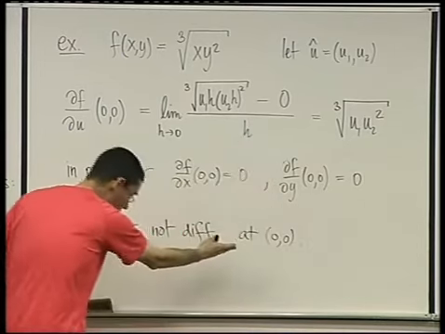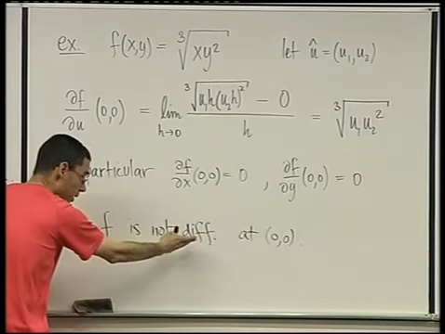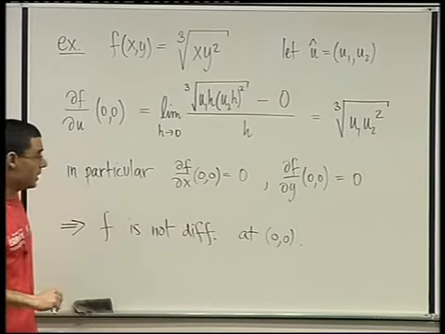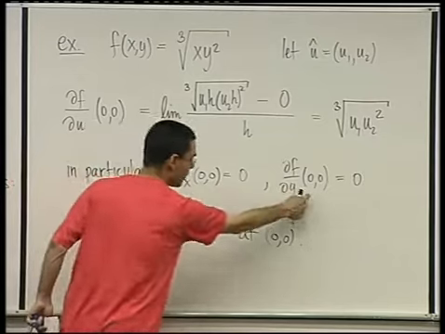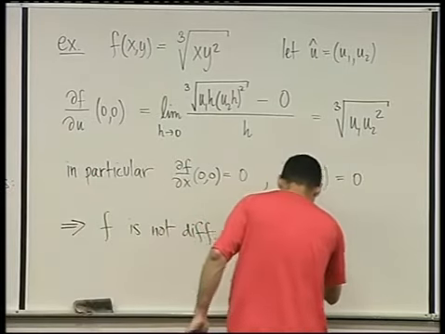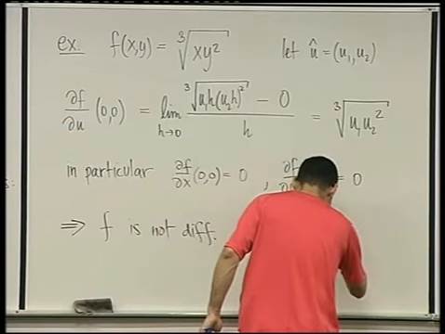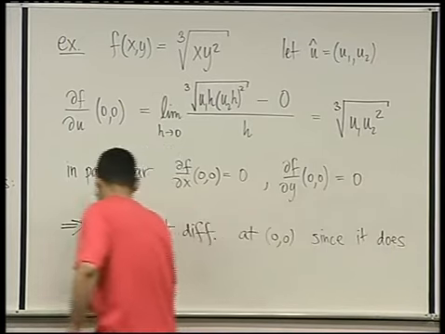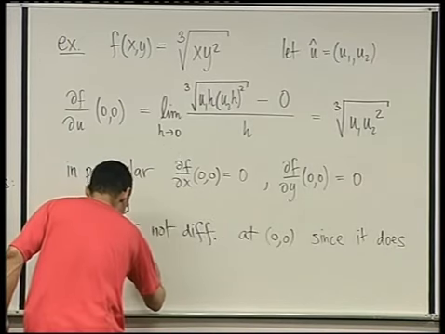Because if it were C1, if it were differentiable, it would satisfy that the derivative with respect to u is 0 in every direction because it equals this times u1 plus this times u2. Okay? So it's not differentiable since it does not satisfy that.